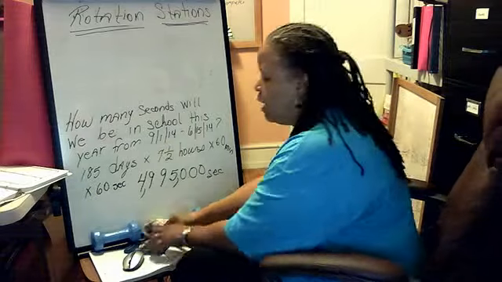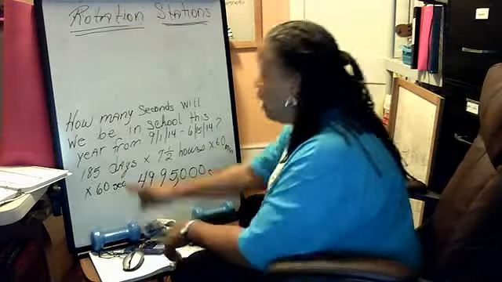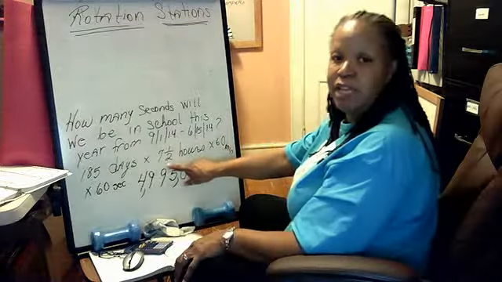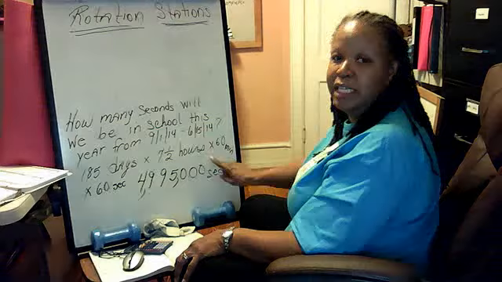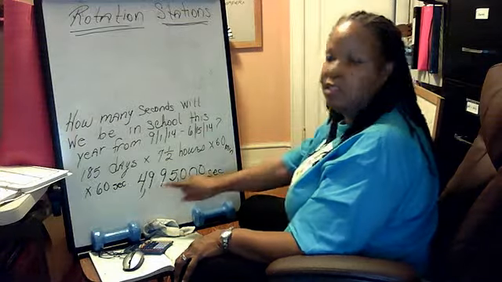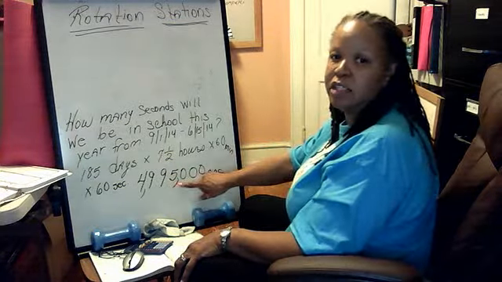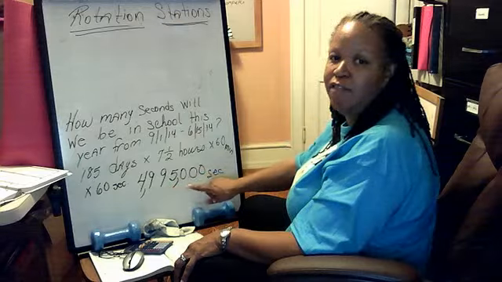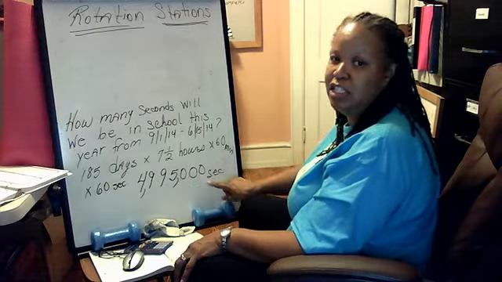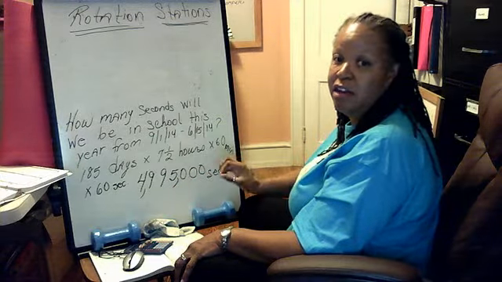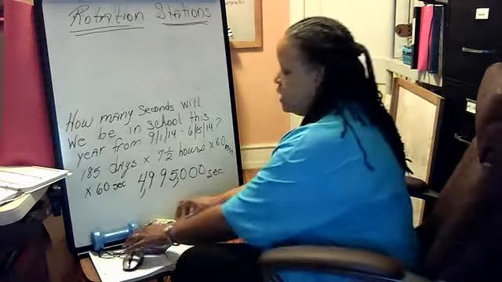We're multiplying 185 days times 7.5 hours times 60 minutes times 60 seconds will give us 4,995,000 seconds for the entire year for 2014.